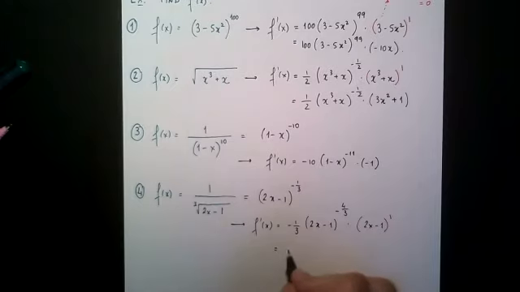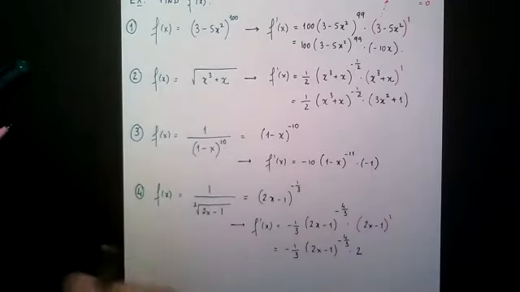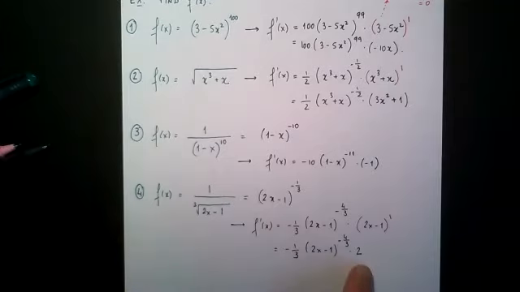So I have negative 1/3, 2x minus 1 to the power of negative 4/3 times 2. That's it. You could, of course, simplify, put the 2 times minus 1/3, right? But for now, I'm not asking to simplify it.